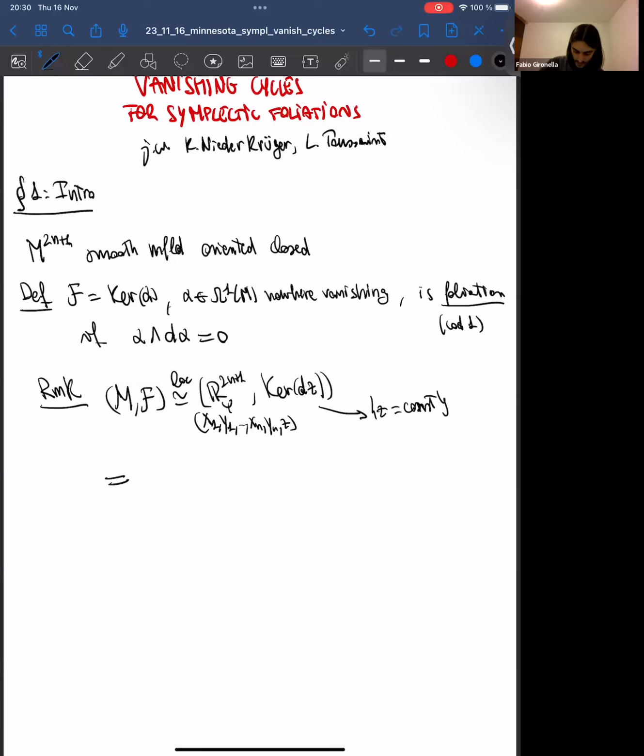So essentially, we are saying that a foliation on a manifold is kind of the same as a partition of M into manifolds of codimension 1. These are called leaves. Okay, so this is the geometric picture to have in mind with foliations.